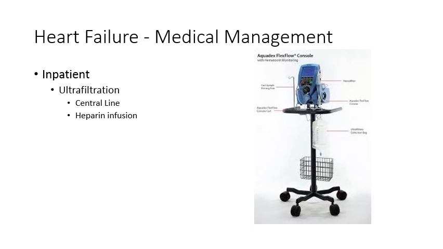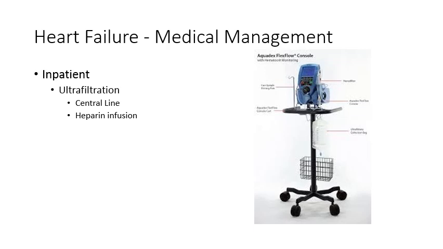All it's going to do is pull out fluid. Typically when a patient comes in, they'll be started on maybe a furosemide drip. And if that's not diuresing them well enough, they will switch to ultrafiltration.